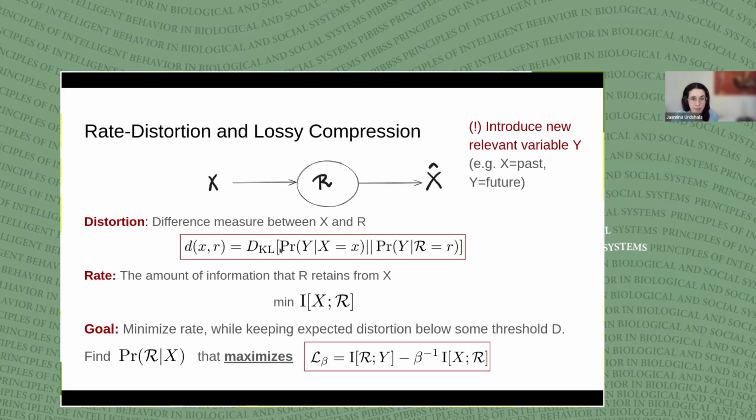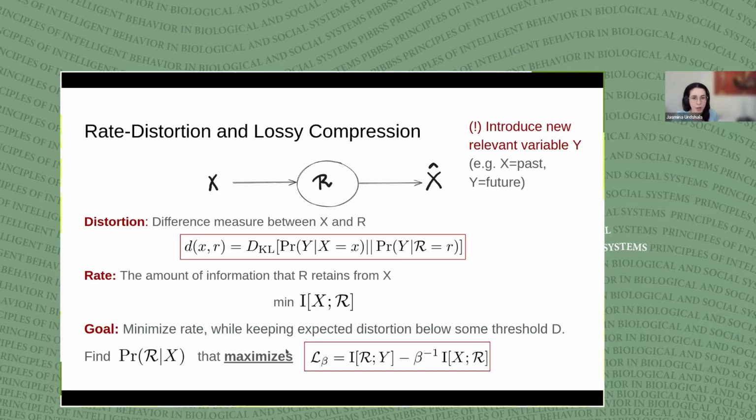And we take the KL divergence with respect to the probability distribution, where instead we condition on the lossy representation R of X to predict that very same variable y that encodes some future property. The rate remains the same.